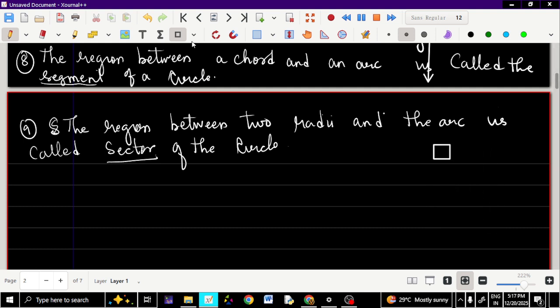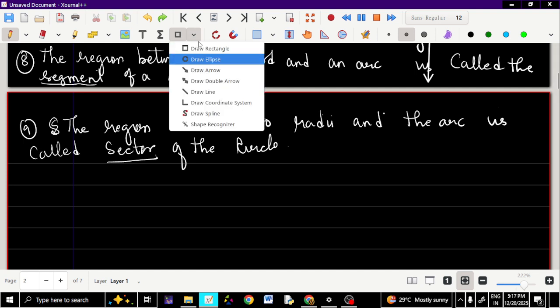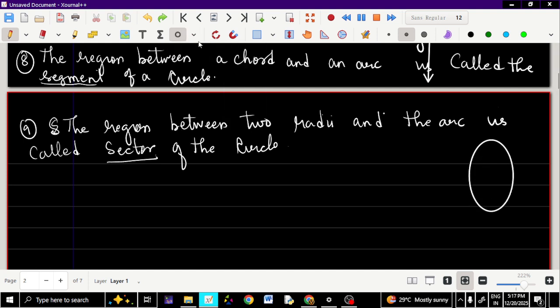Now I'll draw two radii for this circle, one here and one here. So this region between two radii and the arc of the circle is called a sector. So this is one sector.